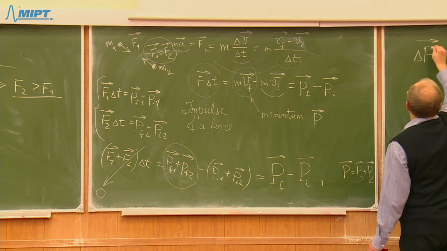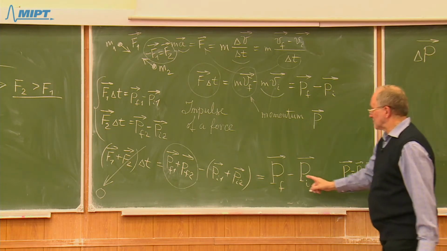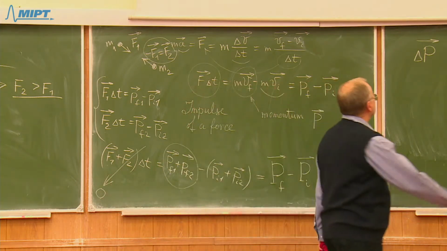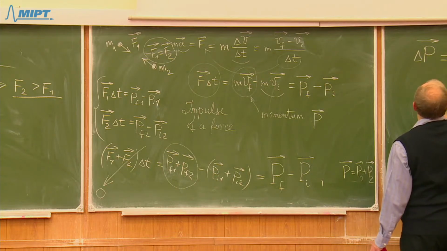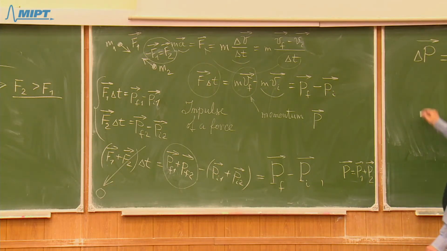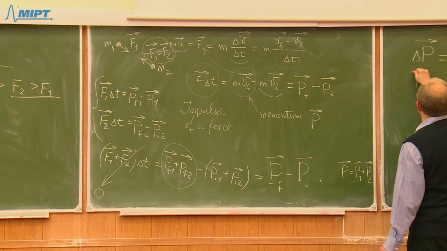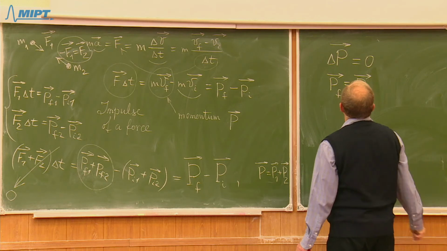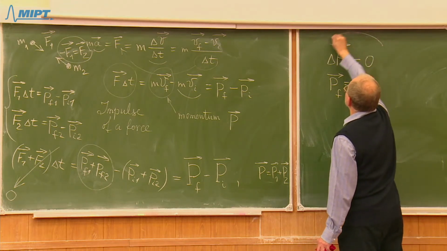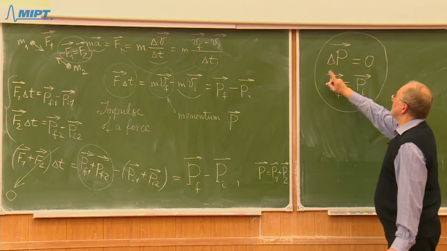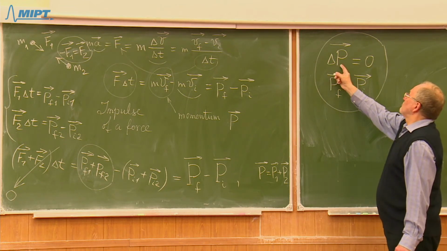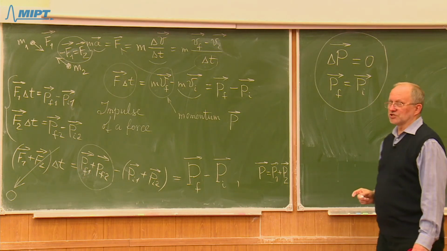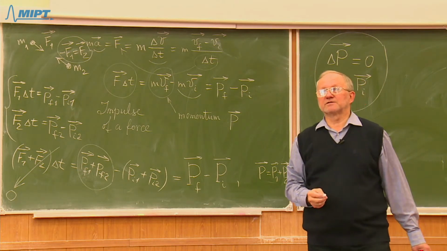This is the change in momentum, equals what? 0. Otherwise, the final momentum equals the initial momentum of the system of two particles. Either way, it's the same. Either you say that change in momentum is 0, or final momentum equals the initial momentum for the system of two particles.